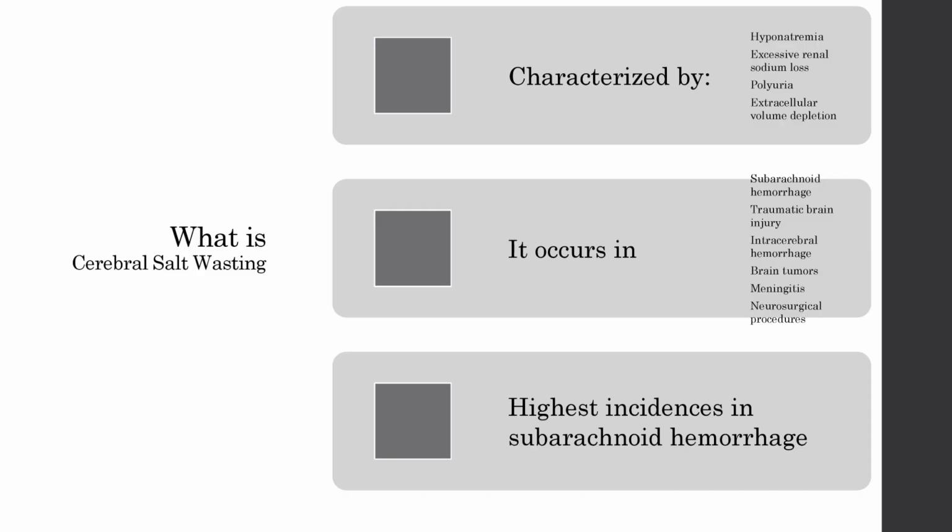The condition was first described in patients with subarachnoid hemorrhage, but we now recognize it in various neurological disorders. The incidence is highest in subarachnoid hemorrhage, where studies suggest it may occur in approximately 10 to 25% of patients.